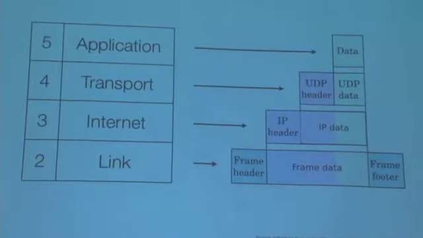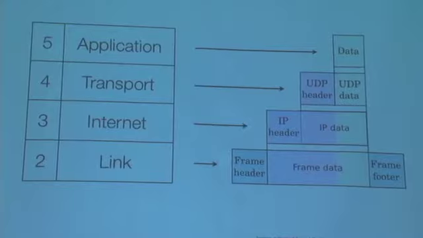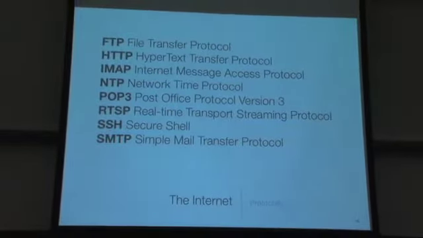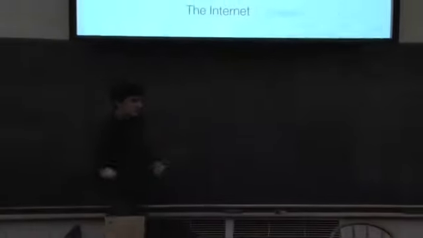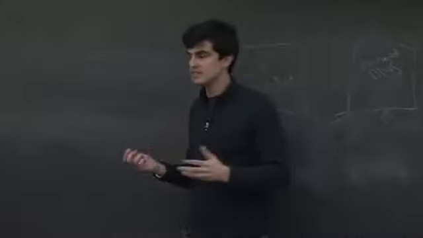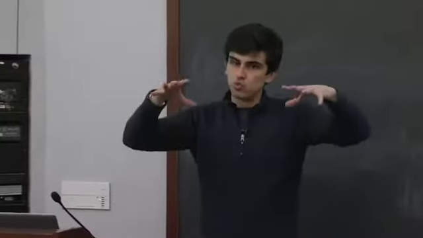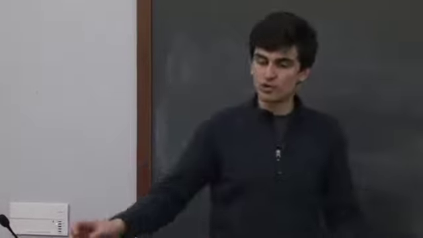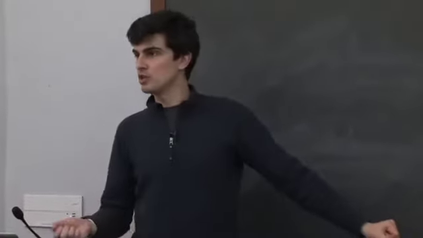The application layer holds these protocols that we had just talked about before: FTP, HTTP, IMAP, POP, SSH, SMTP, DNS, DHCP. All of this rests on top of these lower level things. All of these rely first on the physical link that exists between your computer and the router or the internet at large.